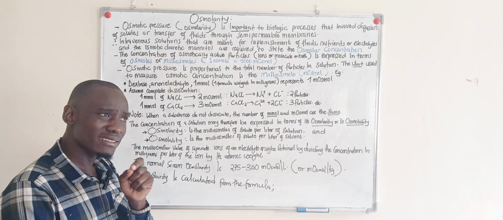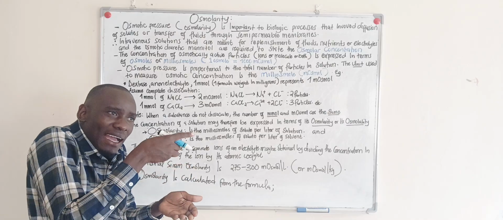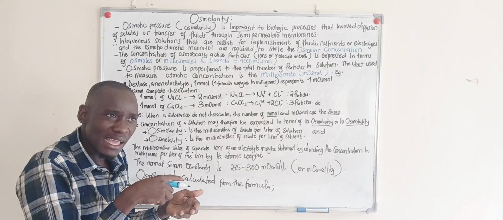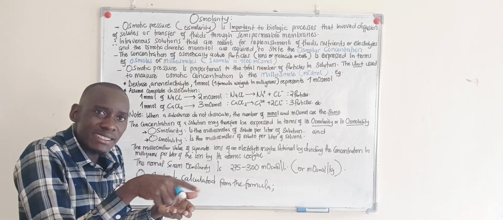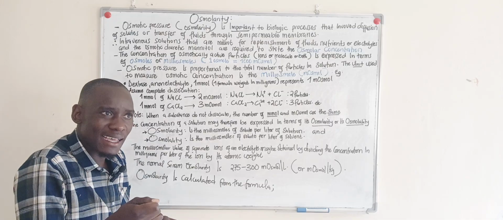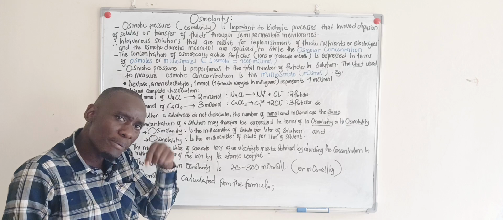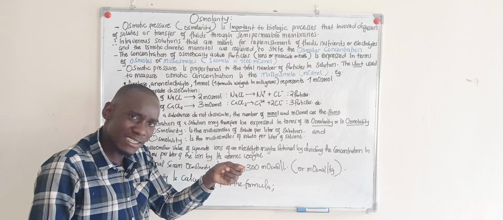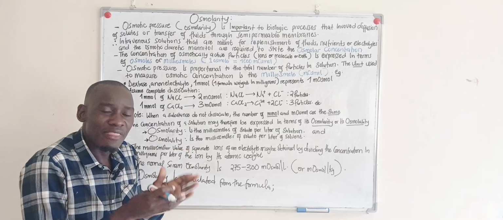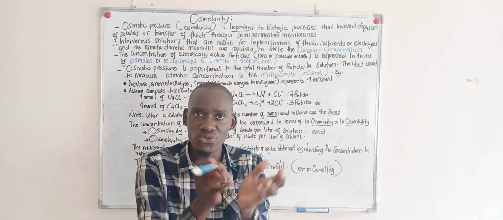So that means our blood cells are based within a certain fluid, and that fluid has got a certain osmotic pressure. So if you administer a fluid which has got a different osmotic pressure compared to that of the body cells, it means that we are going to create a concentration gradient.